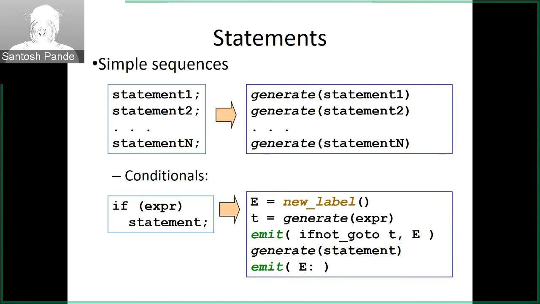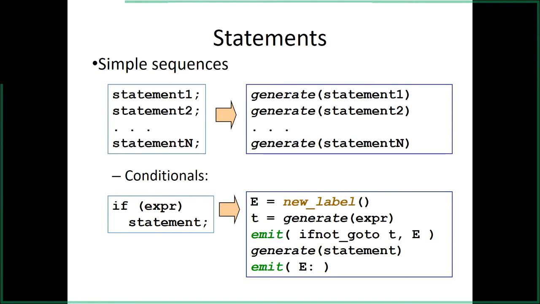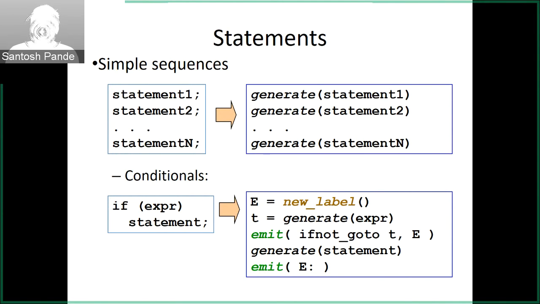This is a simple emit statement, which we insert here: if not T, then go to E. What it means is if this expression's result doesn't happen to be true, then we simply bypass the group of statements, because we don't want to execute the body of the if statement. That's why we have put this check. So when this is false, we'll simply bypass it.